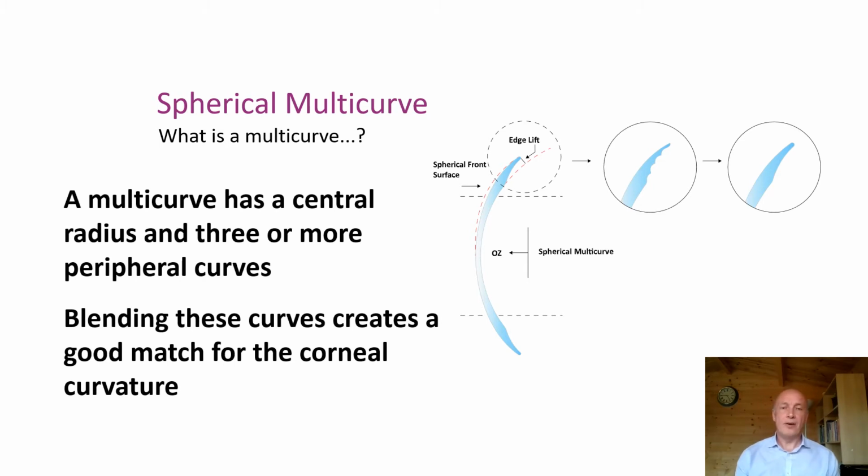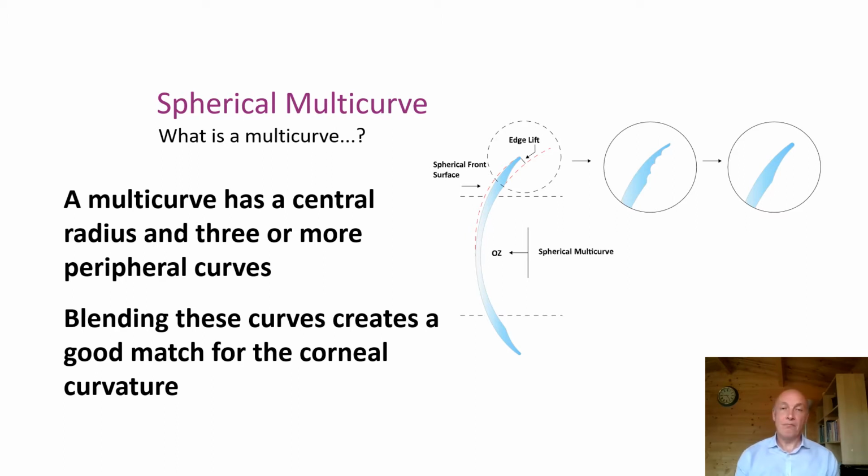A multi-curve design consists of a central radius, which is the back optic zone radius, over a back optic zone diameter. There are then three or more peripheral curves, which are blended to create a smooth contour or continuous curve. This produces a very good match for the corneal curvature and gives a lens that's really very comfortable.